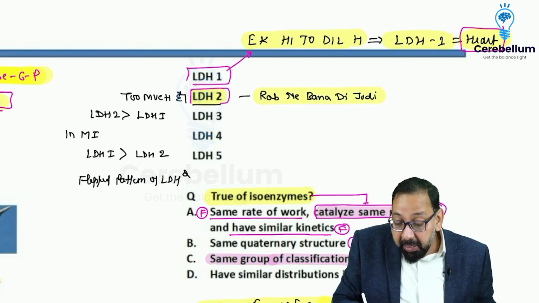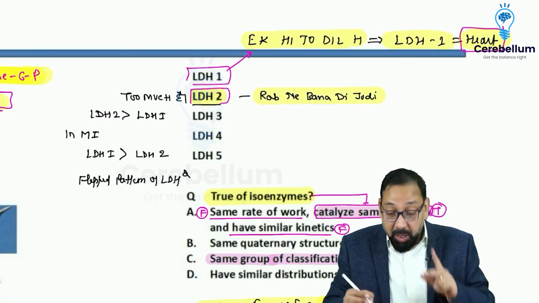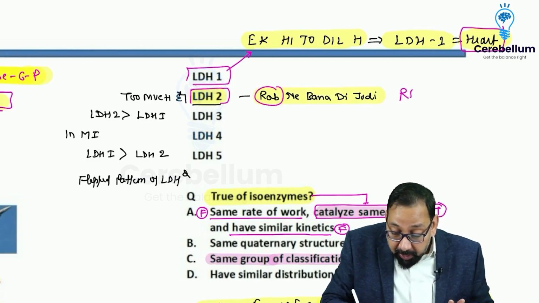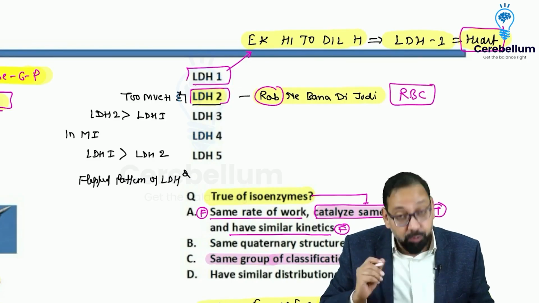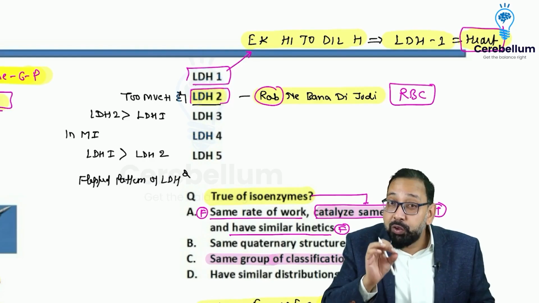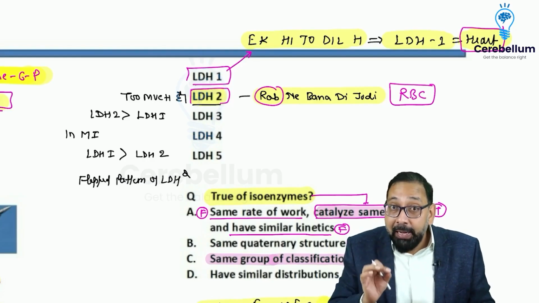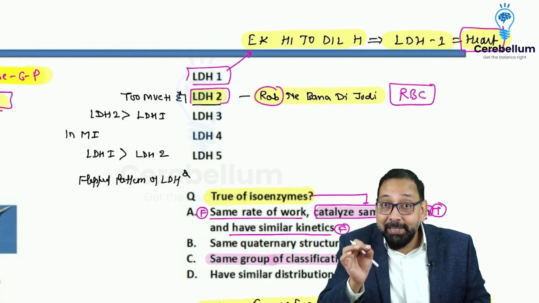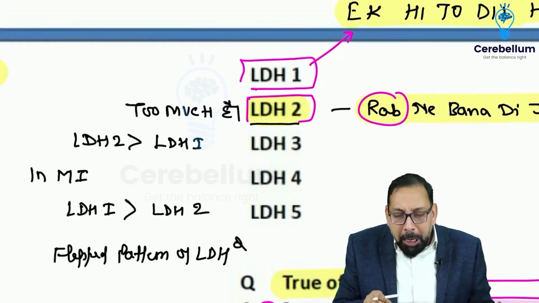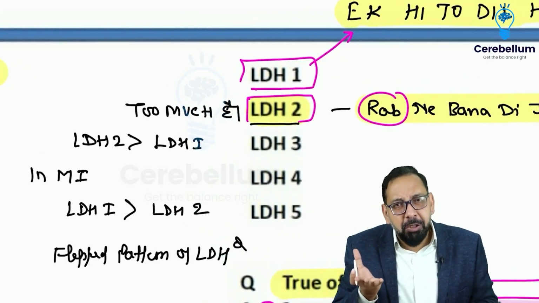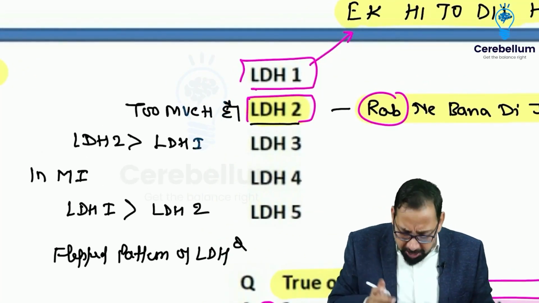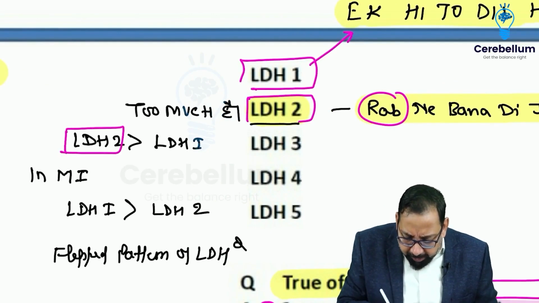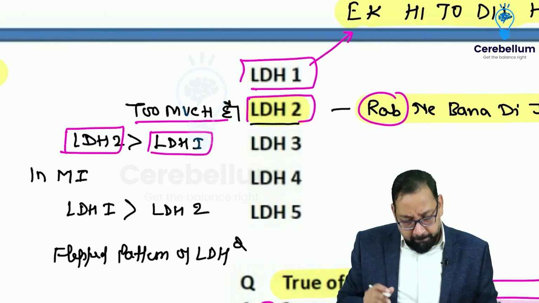LDH2, रब ने बना दी जोड़ी, means 2, रब, RBC. RBC is having LDH2. And if you see blood, in blood, LDH2 is more than LDH1. So you will say LDH2 is too much, means LDH2 is more than LDH1.